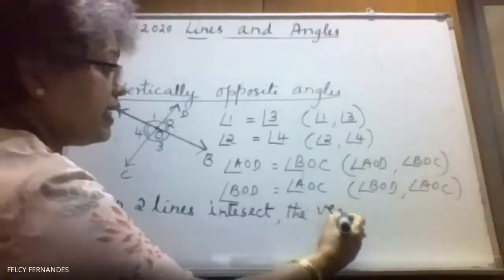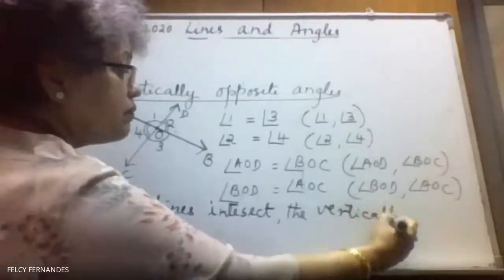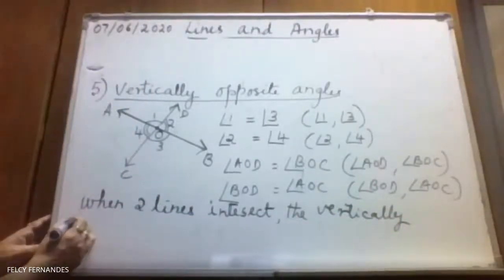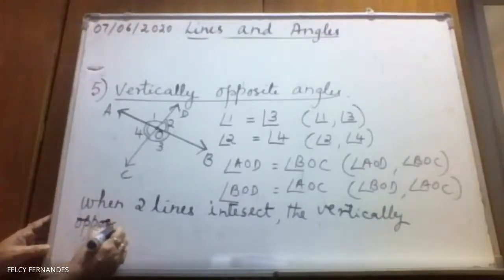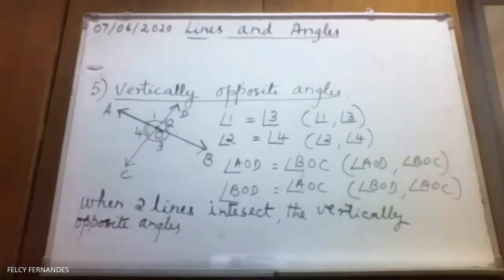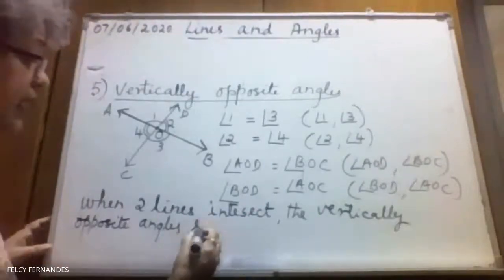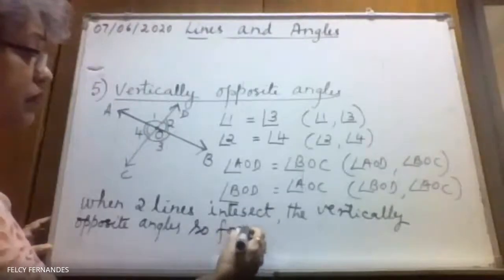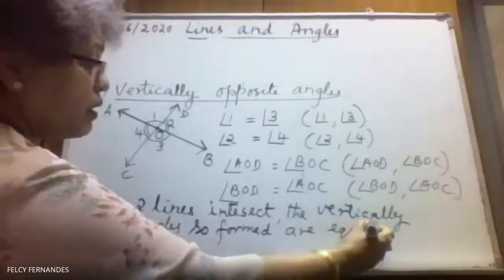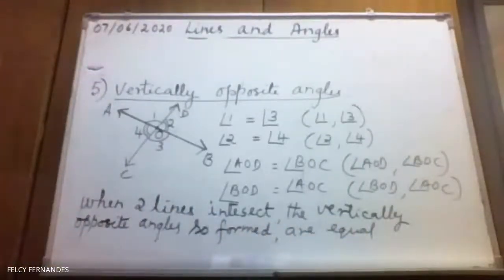The vertically opposite angles so formed are equal. Complete this.